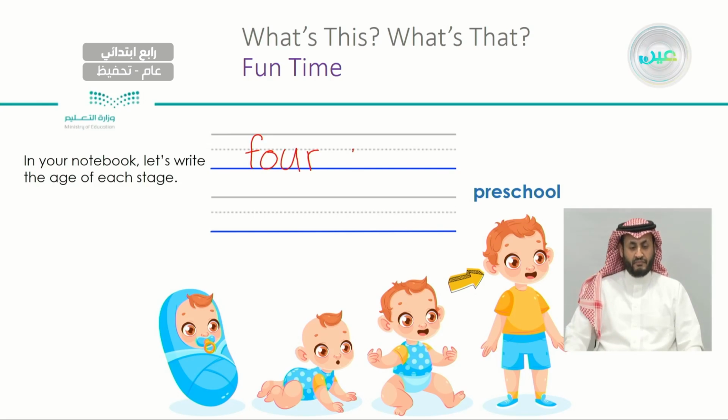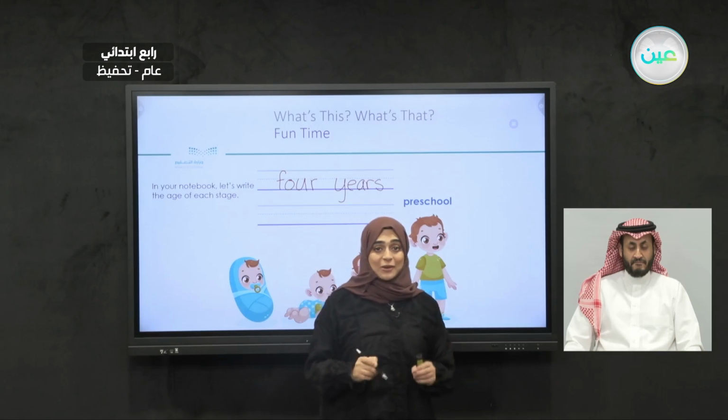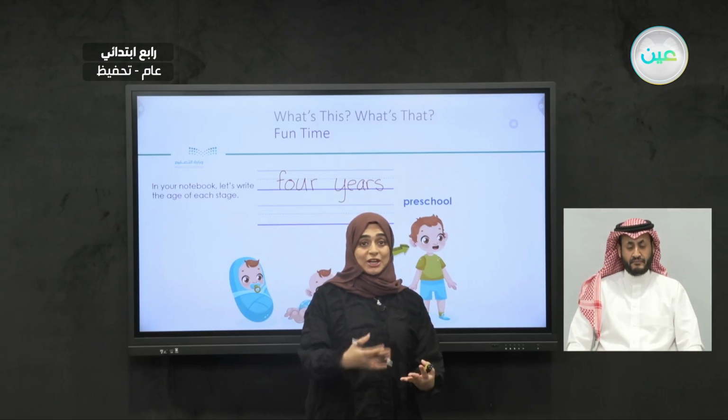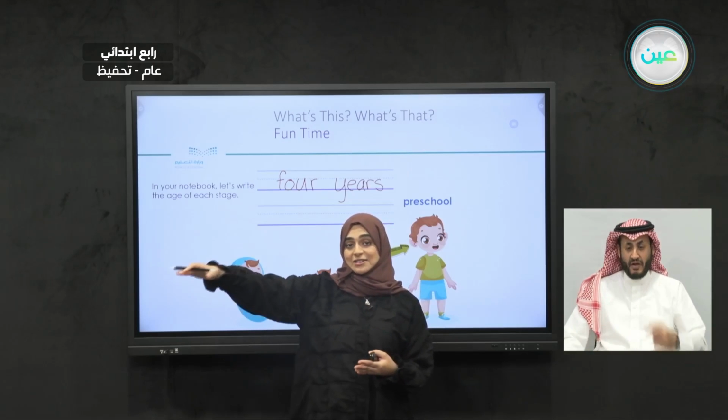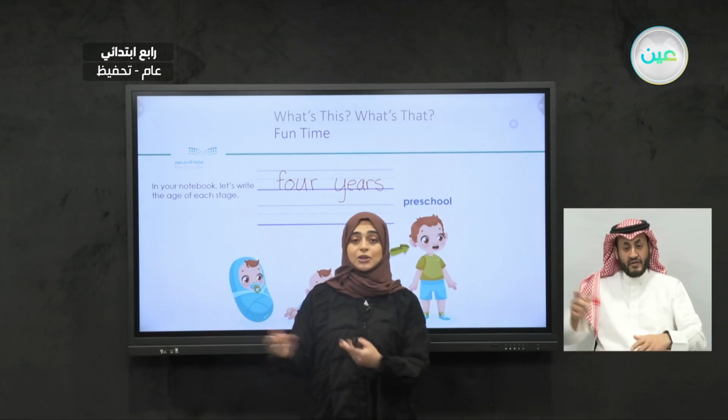F-O-U-R, 4 years. Okay, that was fun. So now you know when a baby is born, what are the names of the stages until the child is ready to go to school.